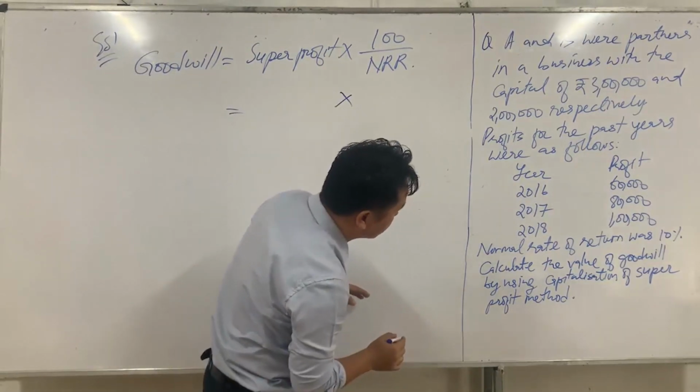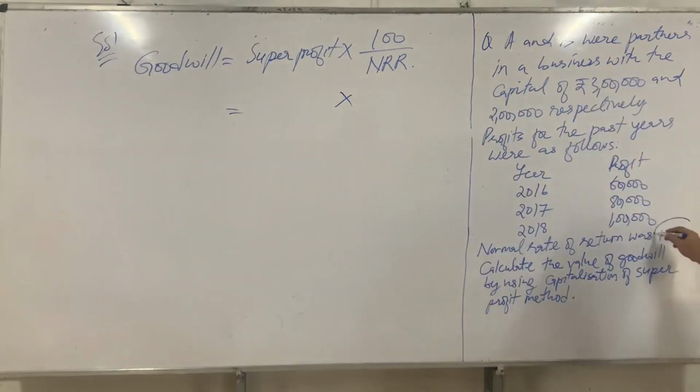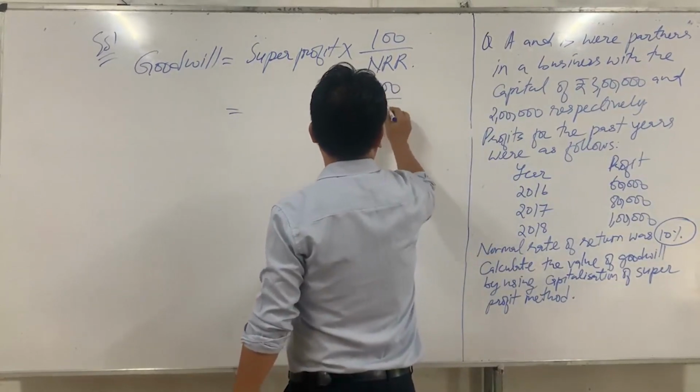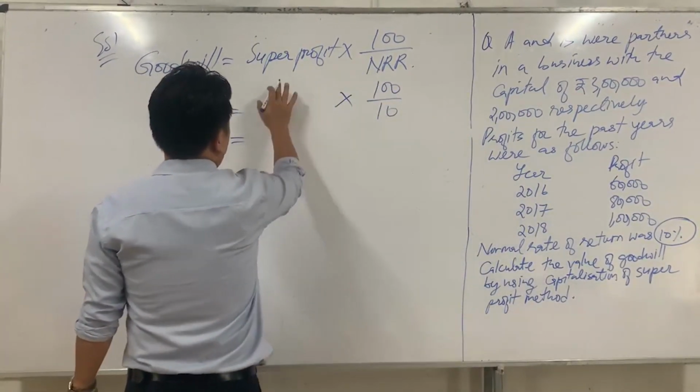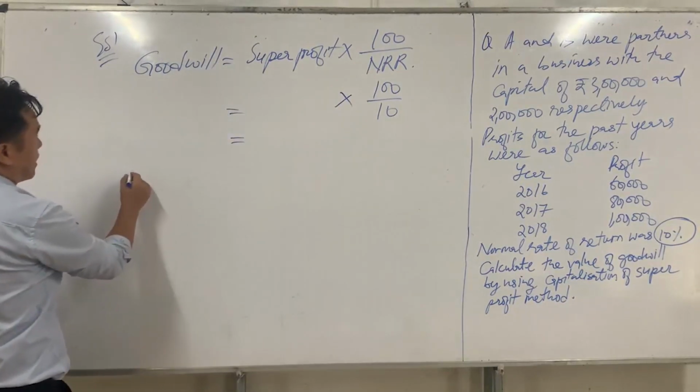So what is the normal rate of return in this question? So here the normal rate of return is 10%. So 100 divided by 10. Since we don't know the value of super profit now, we should find the value of super profit.